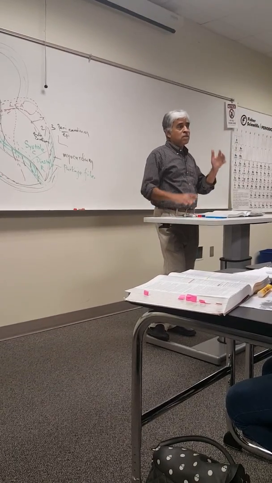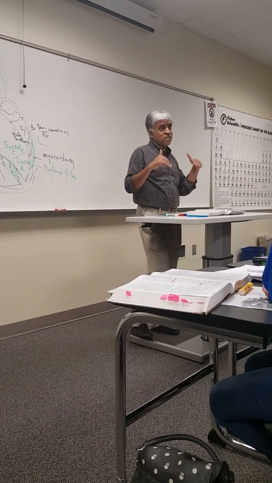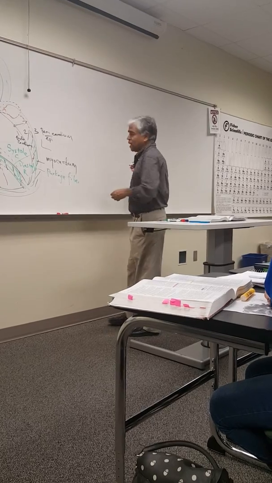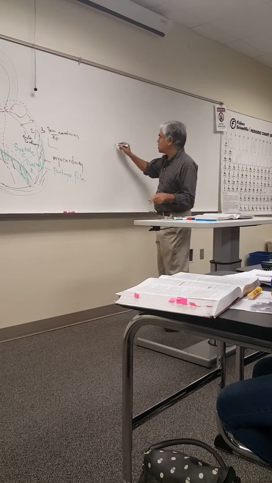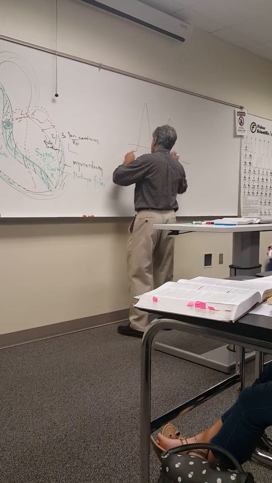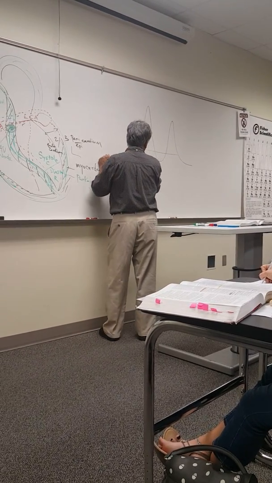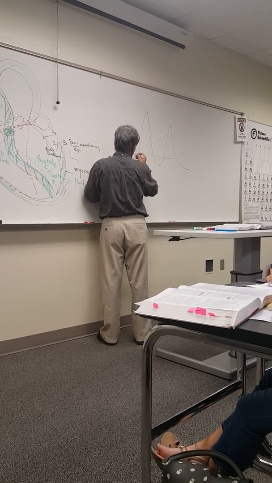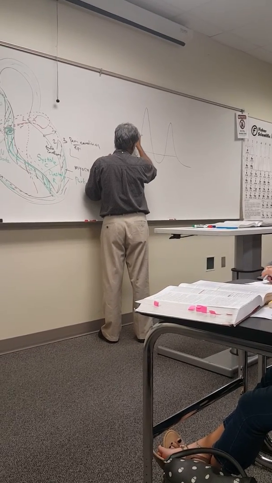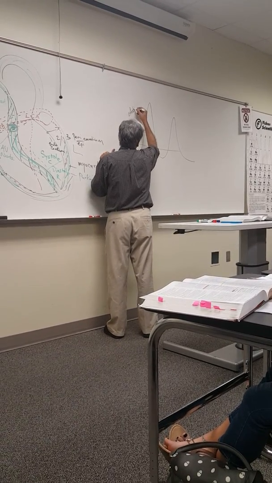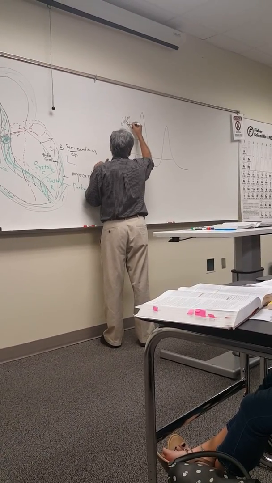So normally inside is more negative when it's resting membrane potential, right? Remember that. Here also you have those peaks, right? When it is at the base or even further down, that's your RMP. And when it goes to a certain point, that's your threshold. And above that is your action potential.